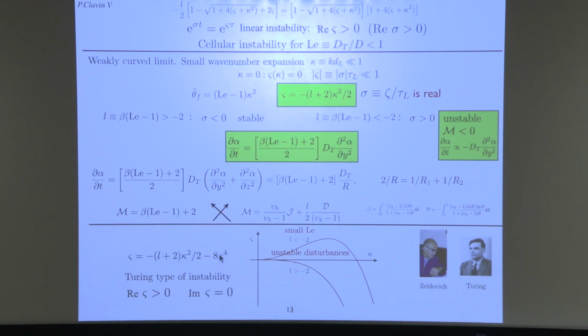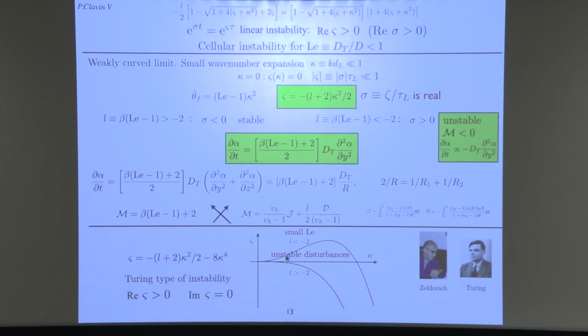You just have to go to this equation here and look to the next order development in kappa square. Kappa square, because you have only kappa square here. And now the next order is kappa square squared, so it is kappa to the fourth. And this gives you, all the time, a minus sign here, telling you that the next order is stabilizing.